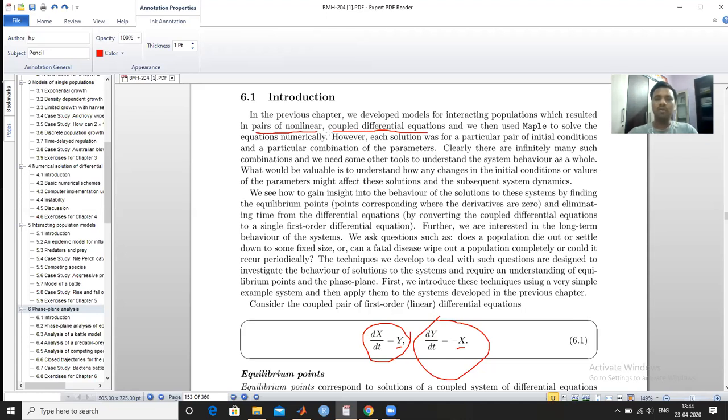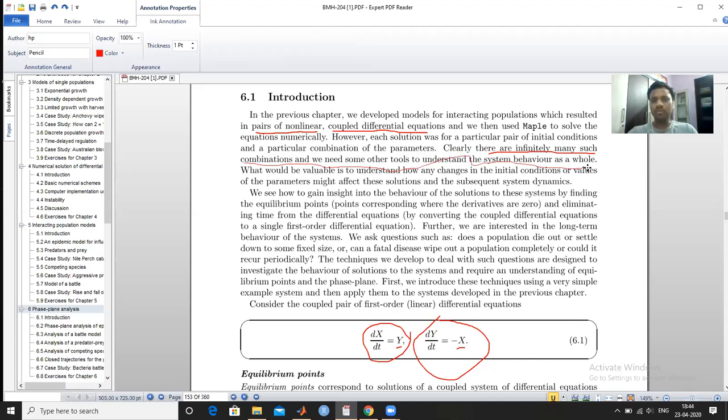Therefore, we can solve these systems numerically. But to solve that numerically, we require some initial conditions, right? There are infinitely many such combinations, and we need some other tools to understand the system behavior.